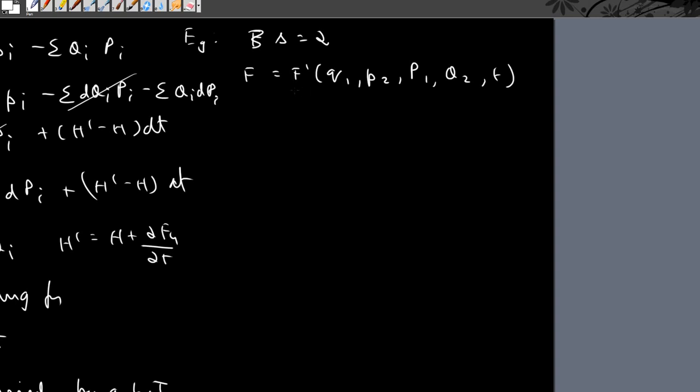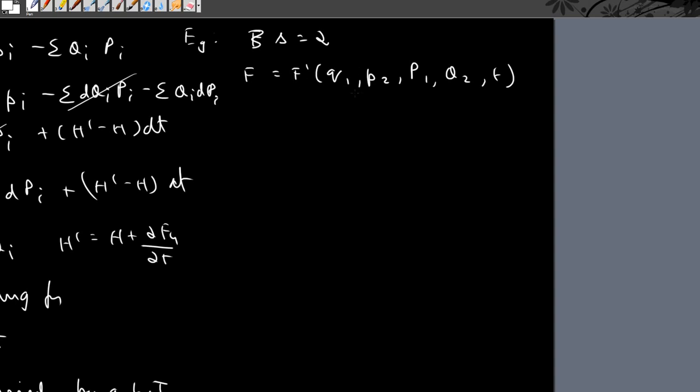Now see that this is not of any of the types mentioned so far. This is a mixed type, which means it depends on the old coordinate and momenta as well as new coordinates and momenta, but corresponding to different i values.